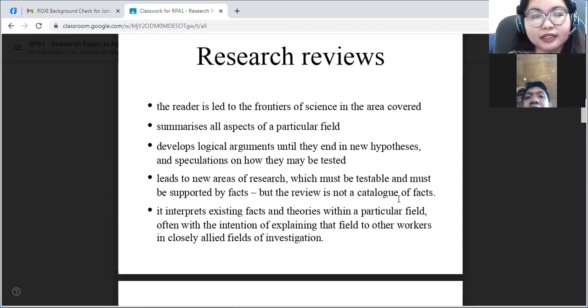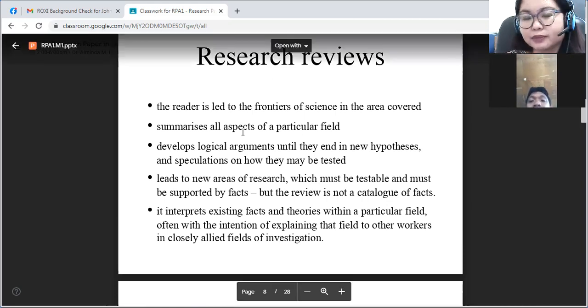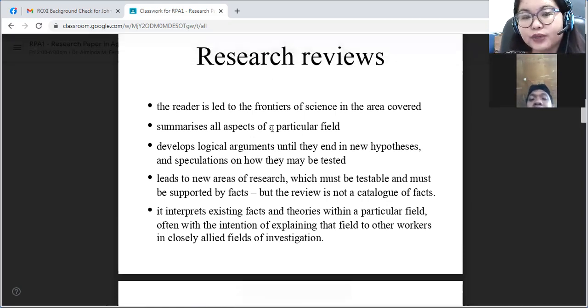Although it is not a catalog of facts unlike the others. I'm going to give you a sample research review, and I will show you in the post on your requirements. It also interprets, because it's not a catalog of facts according to Matoginas or according to Fernandez.